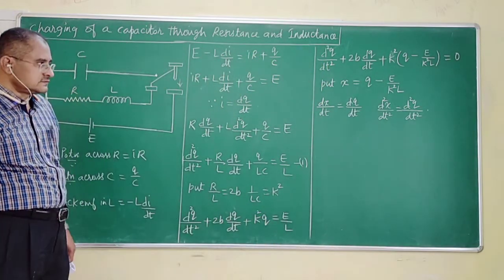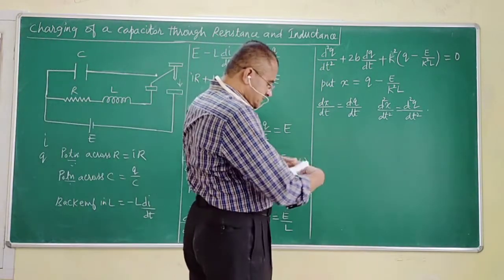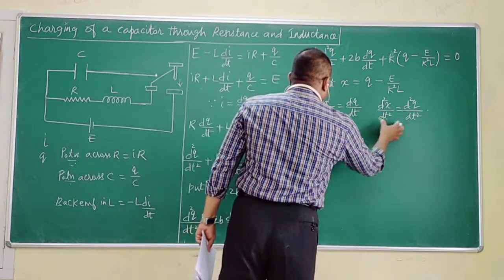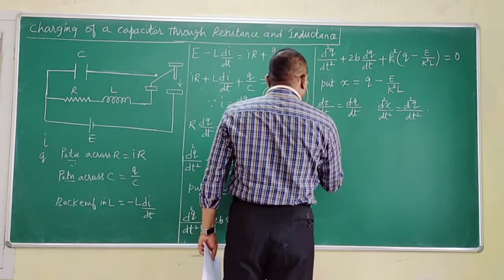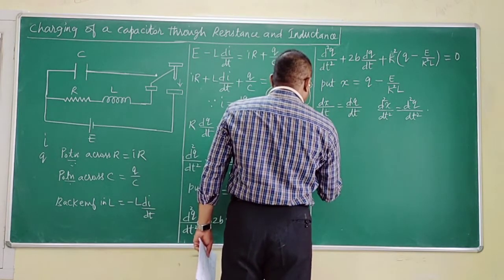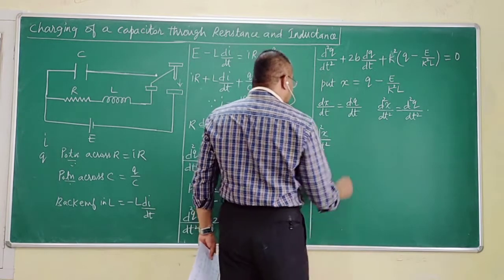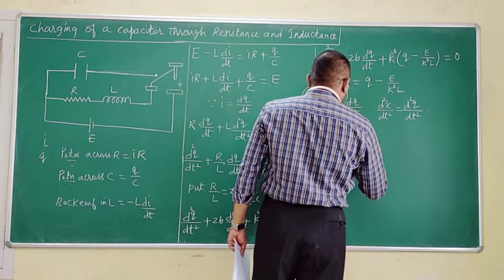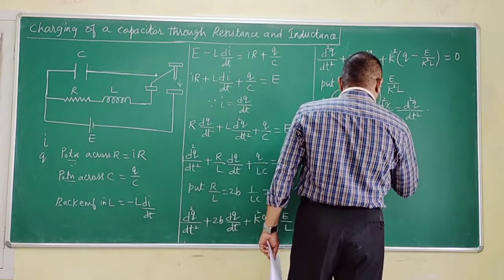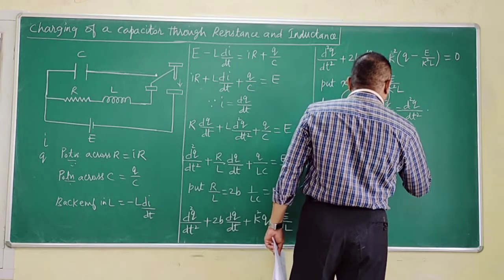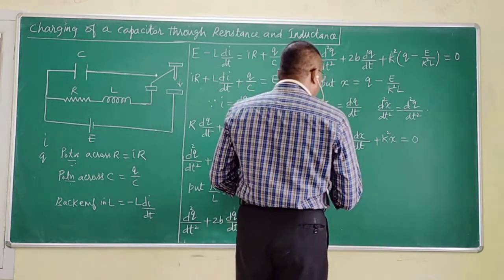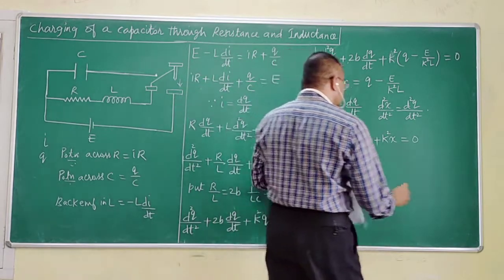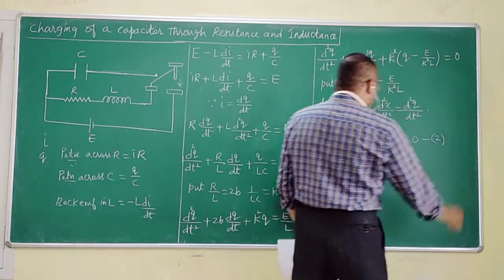Right, sir? So in this equation, which I have not numbered, I am going to substitute these values. Therefore, the above equation becomes d squared x by dt squared plus 2b dx by dt plus k squared x is equal to 0. And let me call this equation number 2, sir.